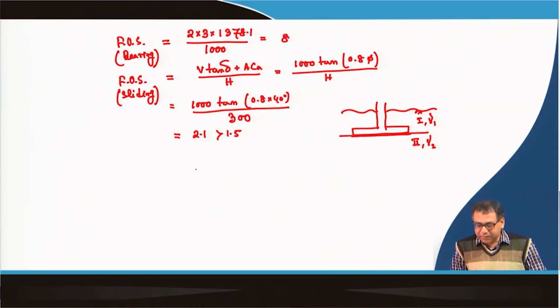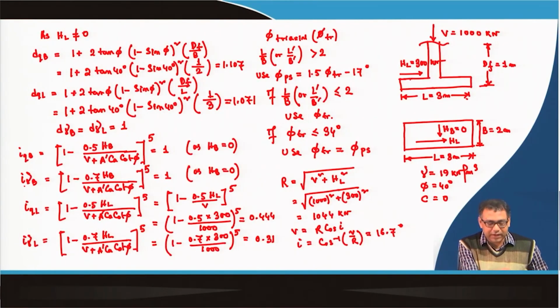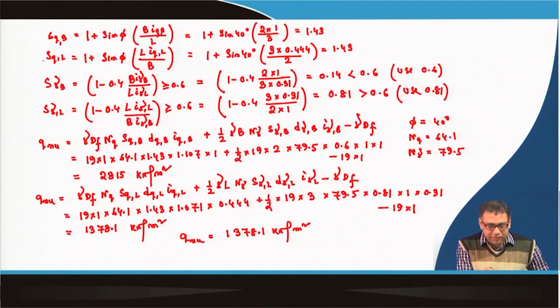And remember that suppose if your HL is equal to 0, but HB is not equal to 0, then these two sets are not required, only one set you have to do, that HB1, that DQB1, but this modification you have to do, 1 plus sin phi B I Q B, that modification you have to do, but only that L part no need to do, only the B part is sufficient, and only the first equation you have to use, not the second equation.